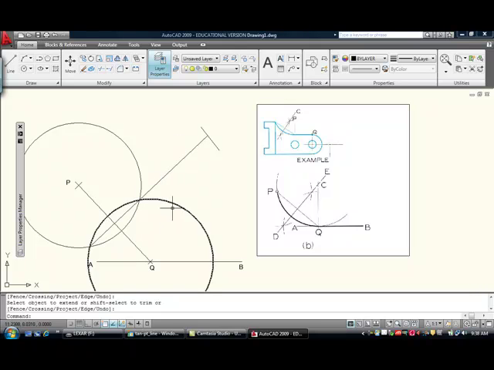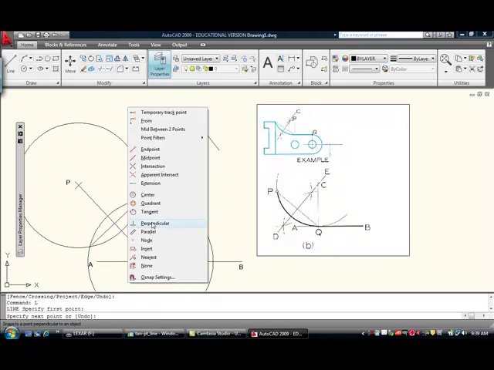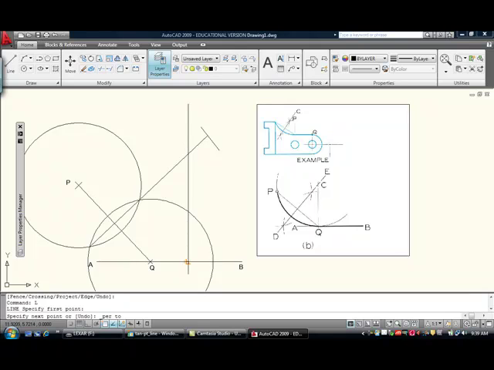bisector, and now the next thing I have to do is construct a perpendicular at Q. Again, I could go through some geometric construction to do that, but AutoCAD gives me a facility where I can draw a line, and I'll make this a long line from a point, and I can just tell it that I want it perpendicular to this line, and if it doesn't come up right away, I can just say perpendicular to that line.